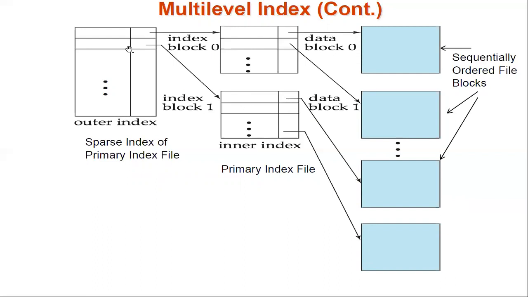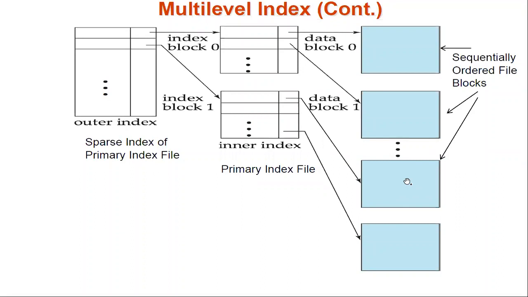Suppose you are looking for a particular value from the outer index, and it is present in the second block, for example block 1. Then it will point directly to block 1, not block 0. The pointer will point to block 1, and from there it searches for the particular record present in the data block.